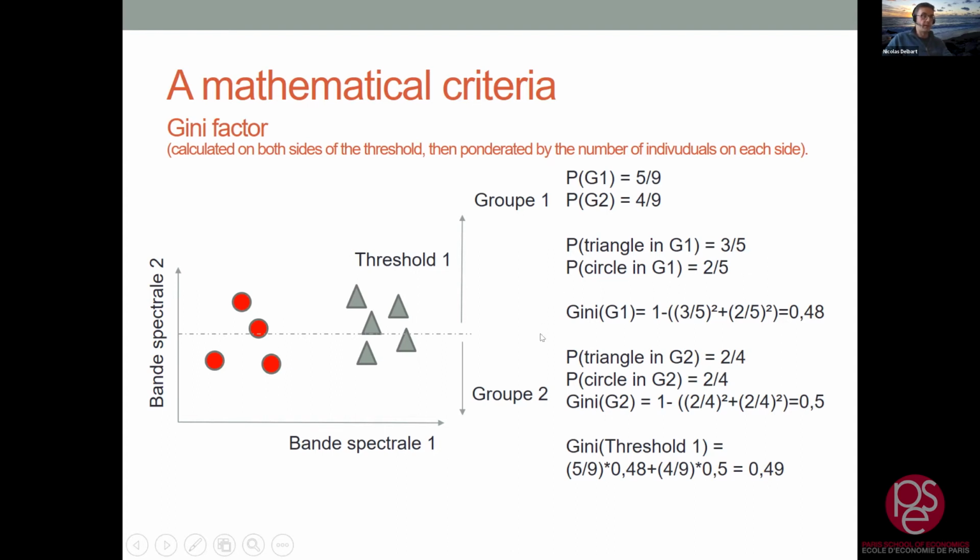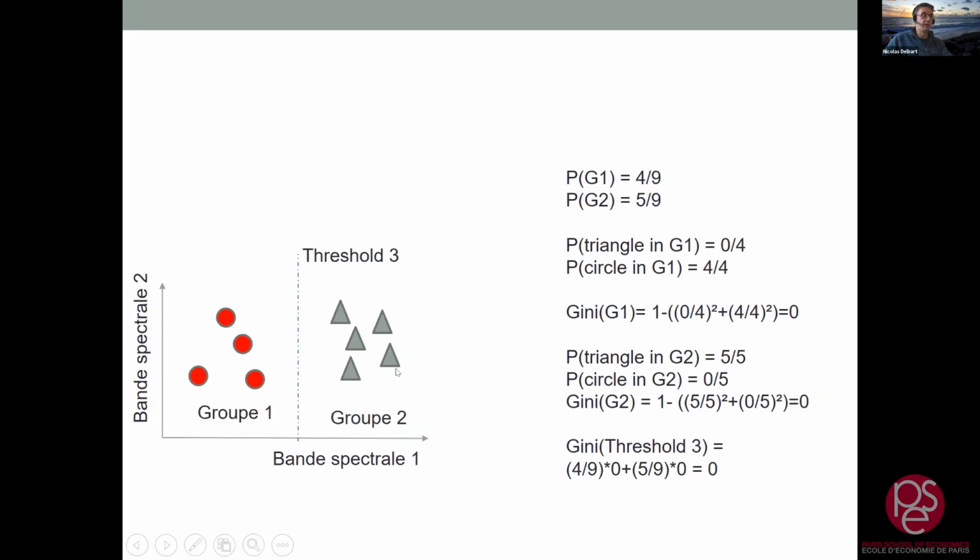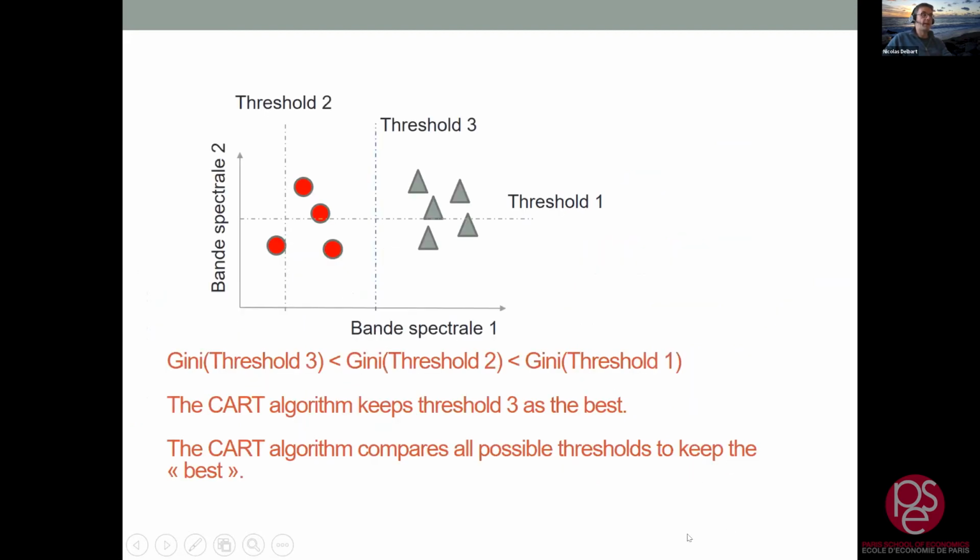So here we find a Gini factor for threshold 1 based on what I have said, and we find a value. For threshold 2, we find another value. For threshold 3, we find another value of the Gini factor. The Gini factor with threshold 3 is smaller than the other two, so the CART algorithm keeps threshold 3 as the best among the three values.